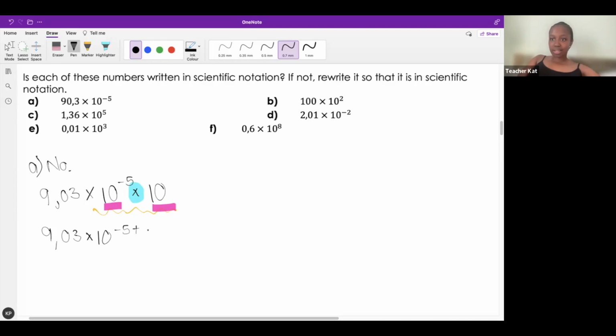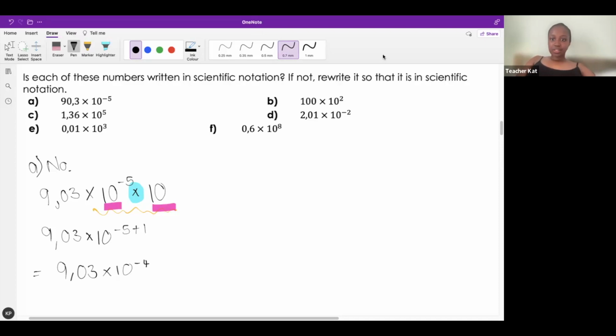We didn't put anything there, but if there's nothing there, the exponent is a 1. So my final answer is 9,03 times 10 to the power of, and then integers come in. What's -5 plus 1? -4. Beautiful, guys.